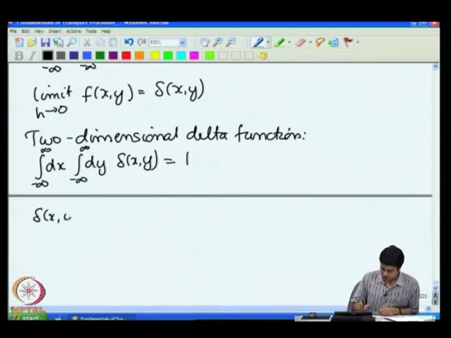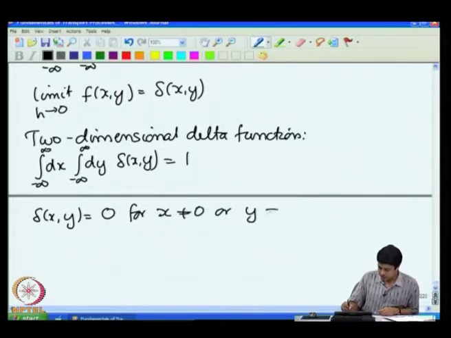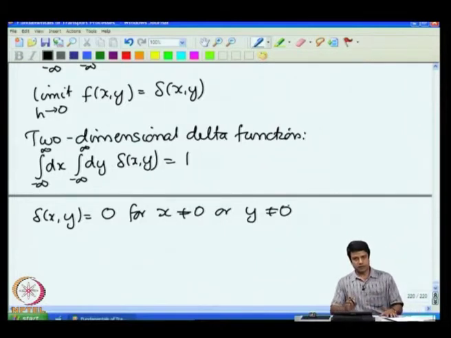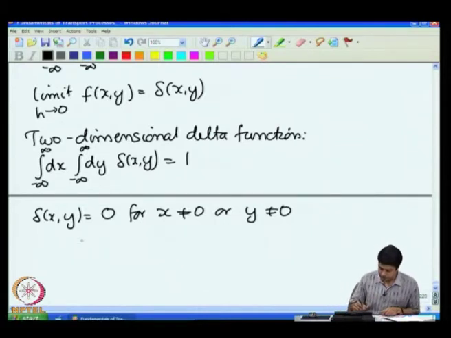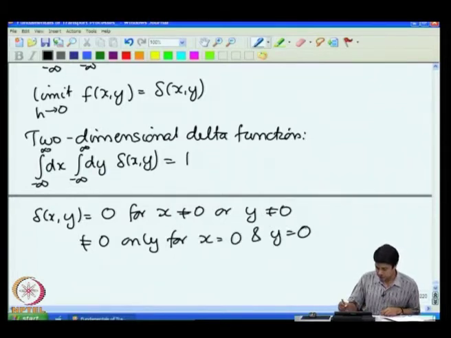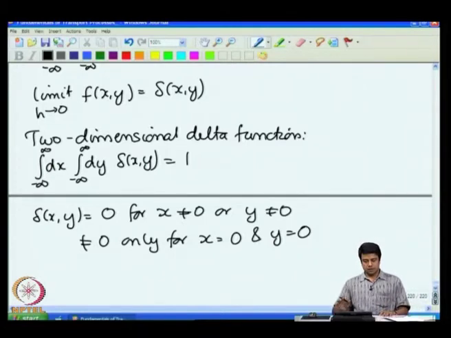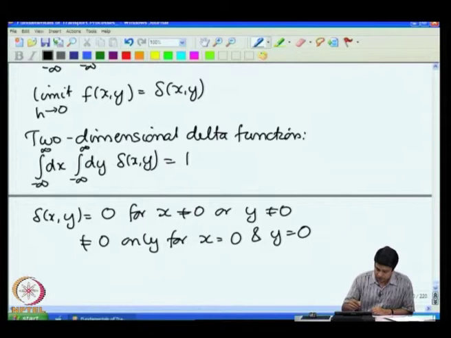Delta of x y is equal to 0 for x not equal to 0 or y not equal to 0. That is, everywhere except at both x and y equal to 0, it has to be 0. It is not 0 only when both x and y are 0. Otherwise, it is 0. And the area under the curve has to be equal to 1.